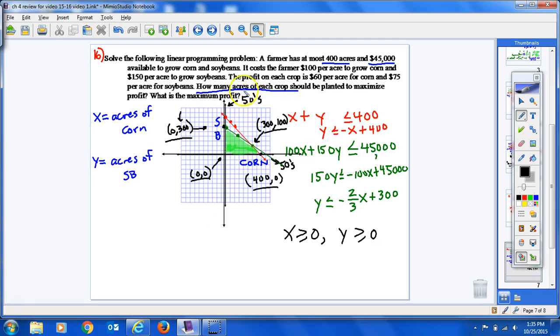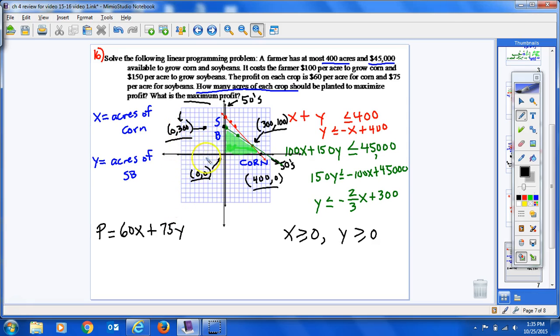We have our vertices. We need an objective function to plug these numbers into, and this is going to be a profit function. We're told that profit is $60 per acre for corn, and the soybean profit is $75 per acre. And what you would do at this point is you're looking for a maximum. So you're looking for the vertex.